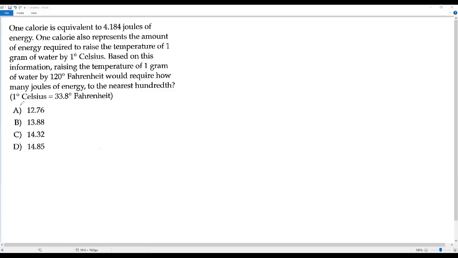And also the other information, 1 degree Celsius equals 33.8 degrees Fahrenheit. The first information says 1 calorie is equivalent to 4.184 joules. The second information says 1 calorie represents the amount of energy required to raise the temperature of 1 gram of water by 1 degree Celsius.